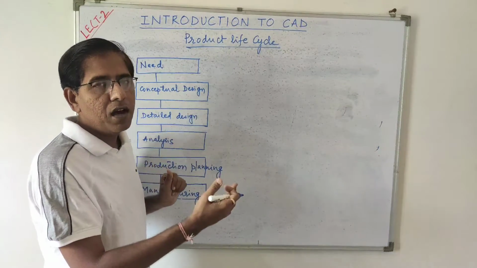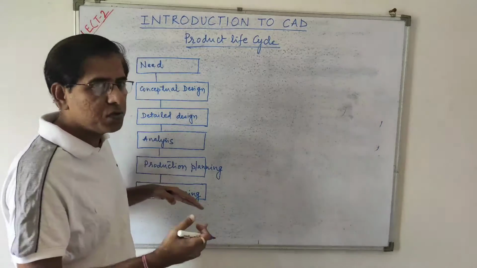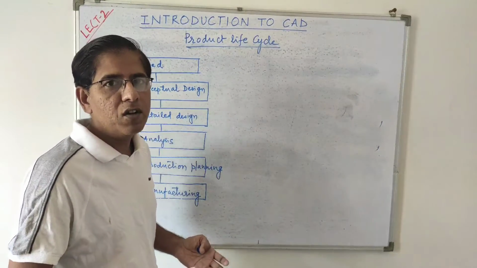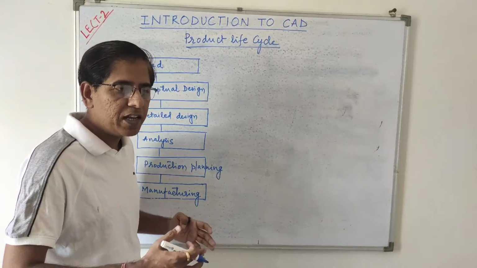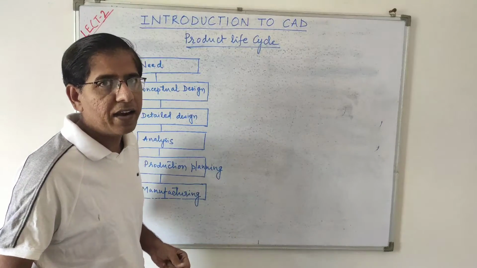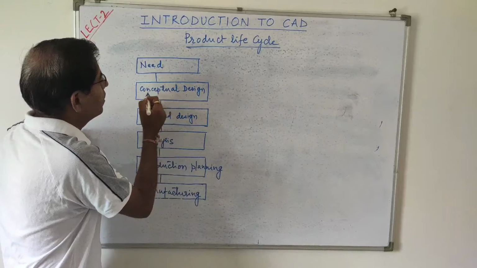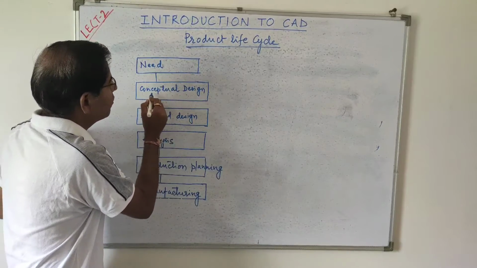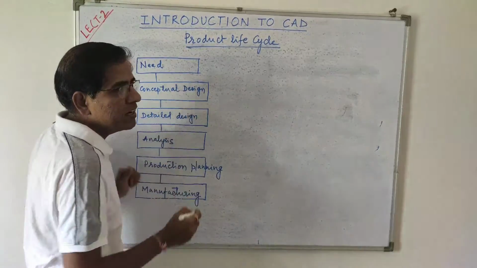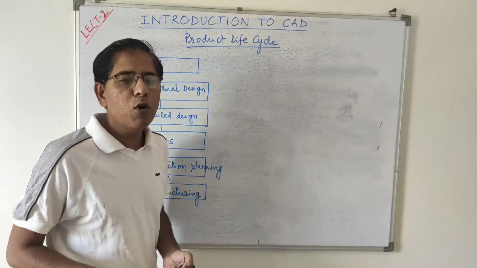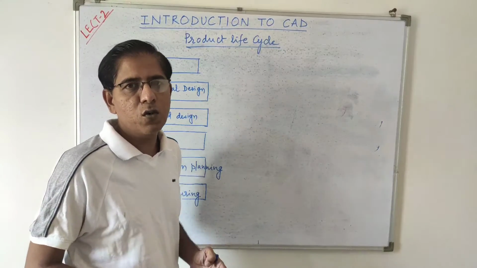Now we'll see out of these steps where we can implement the computer system, or where we can implement CAD softwares. While conceptual design or detailed design, you can use the modeling based softwares or drafting softwares.